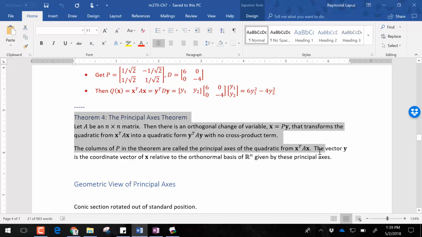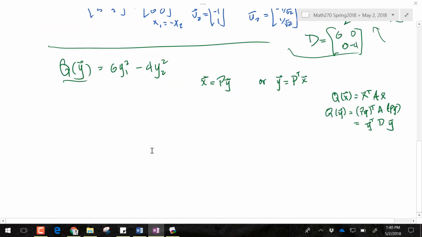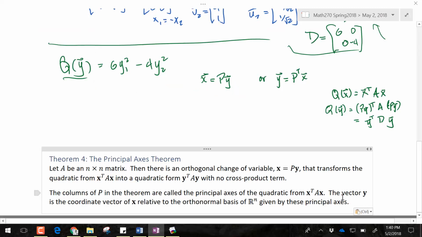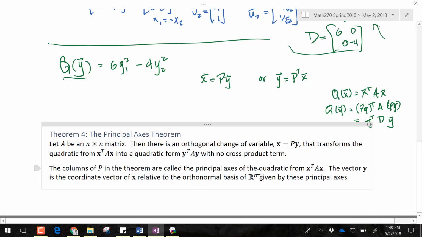It turns out what we just did is based on the principal axis theorem, which tells us that this transformation does exist. If you have an n by n matrix, there's an orthogonal change of variables, that's that P we would find, that transforms a quadratic in x to a quadratic in y, and the quadratic in y has no cross product terms. Remember that it's based on looking for that diagonal matrix, with the invertible P matrices on either side.